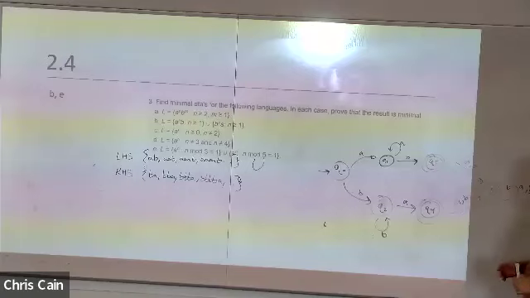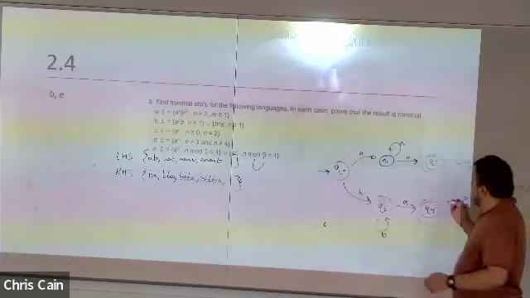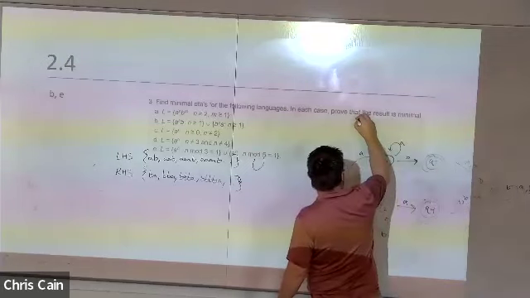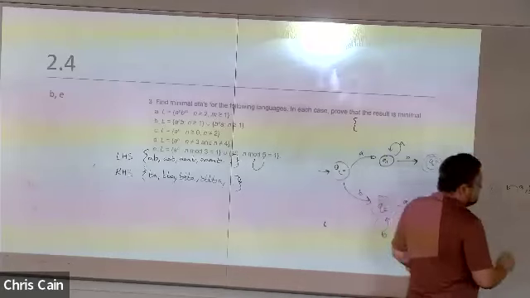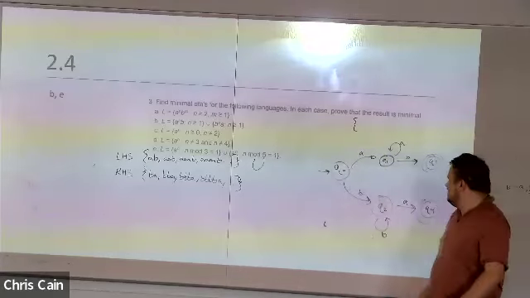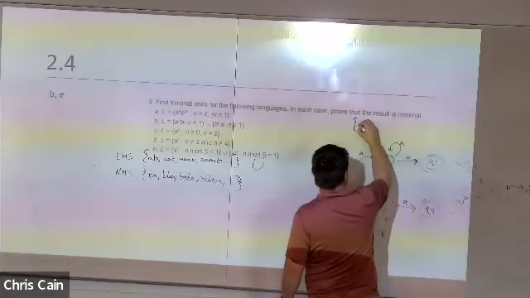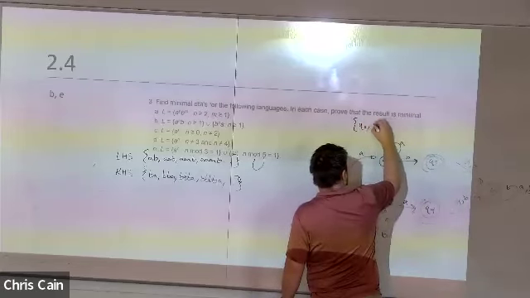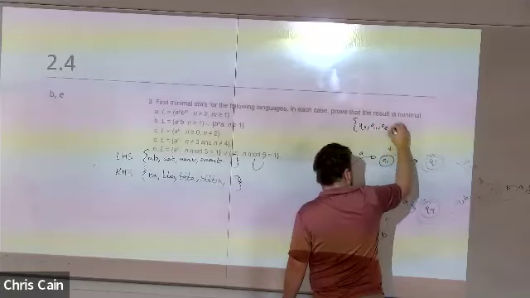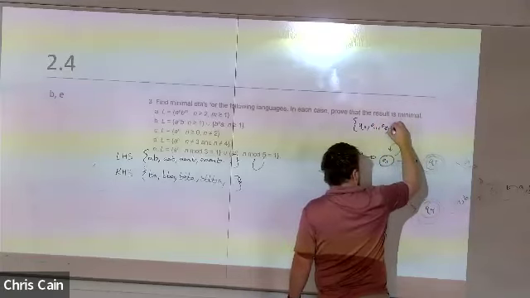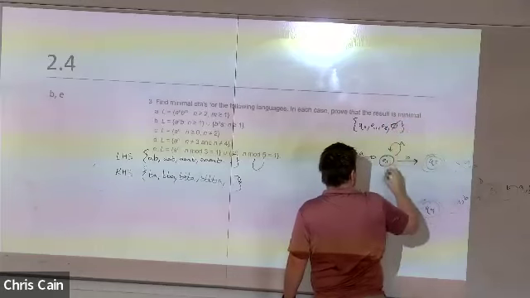So we are going to ask ourselves, all right, which of these states are non-final? So we have Q0, Q1 is non-final, Q2 is non-final, and the null trap state is non-final.